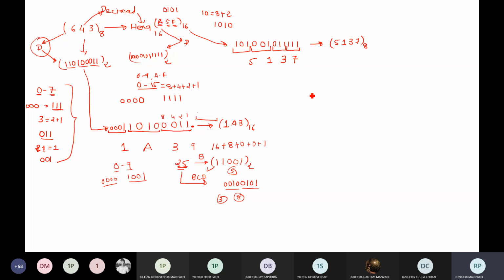Once I enter that number and finish, then as a result it should give me the other 3 representations. So your system will ask first in which number system you want to give your number.